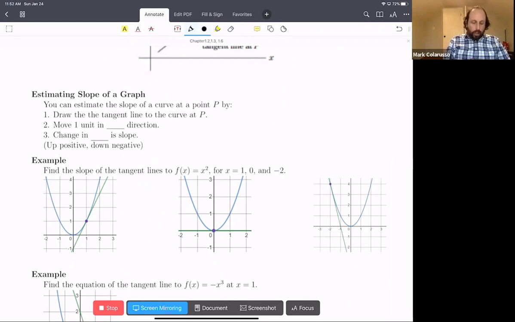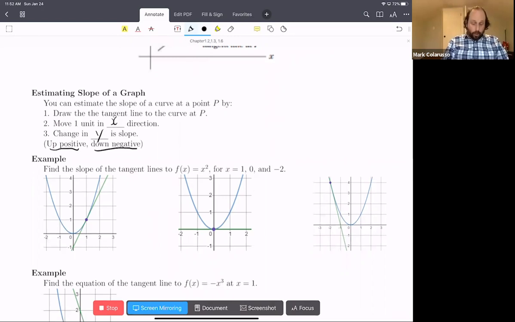You draw the tangent line, move one unit in the x direction, and the change in the y direction is the slope. Of course, if the change in the y direction is up, you have a positive change in y with x, so you have a positive slope. And if the change in the y direction is down, you have a negative change in y, so you have a negative slope. So this is very, very old school, and we'll just start, to warm up, with this.